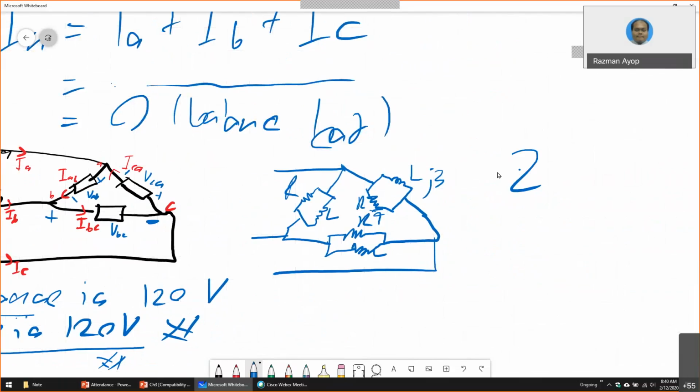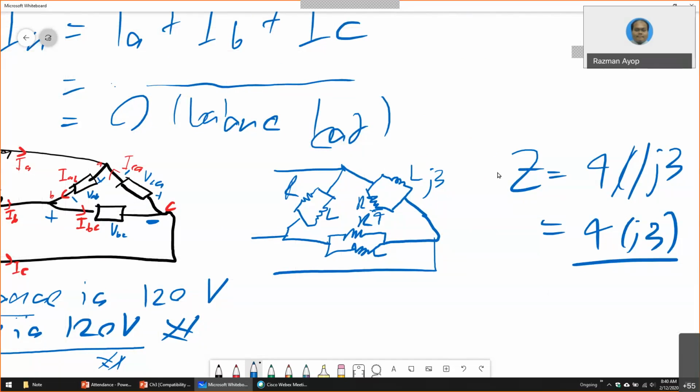So Z is basically 4 parallel with J3. So 4 times J3 divided by 4 plus J3.